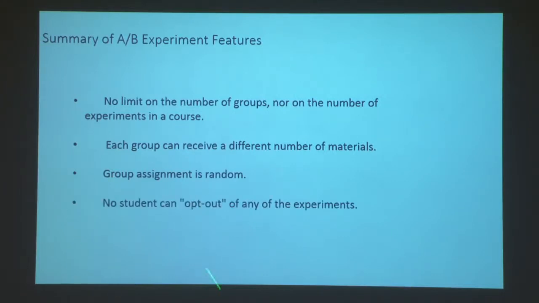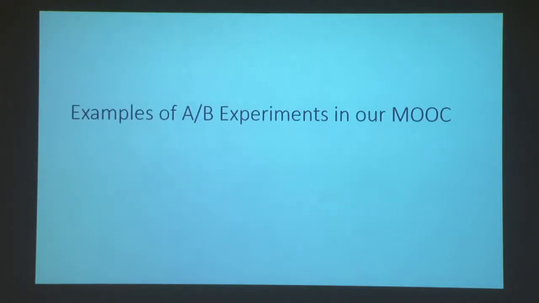And no student can opt out of any of the experiments. A student can't say, I don't want to participate, just give me something that you used last semester. Sorry, you have to. We try to give you a flavor of everything, but you have to be part of that.